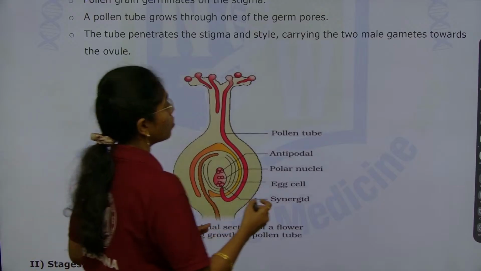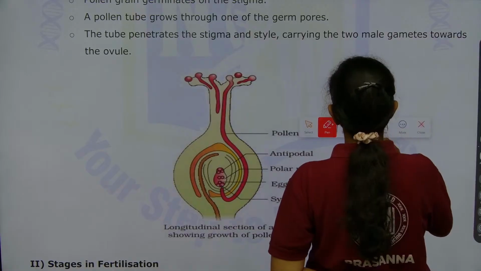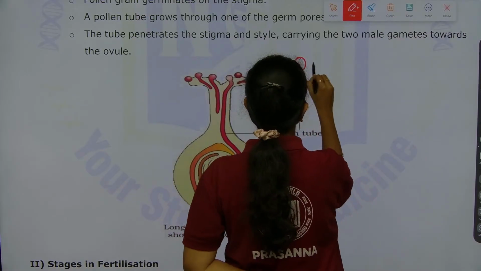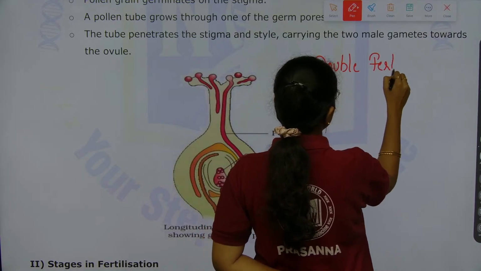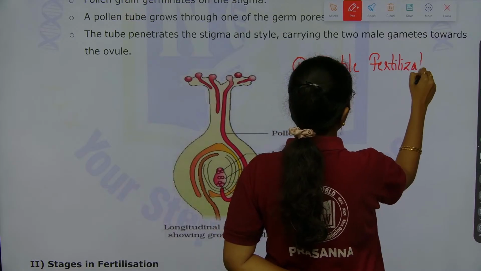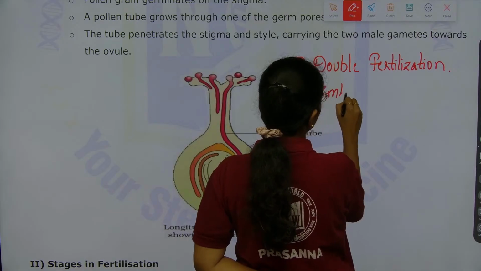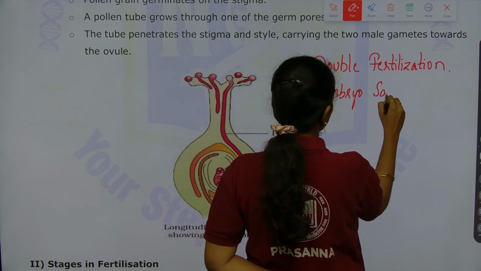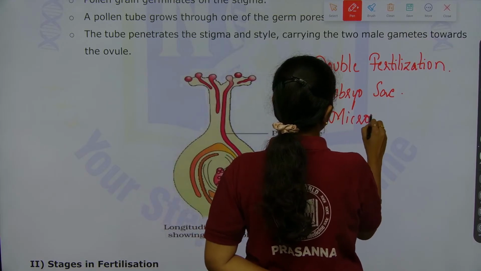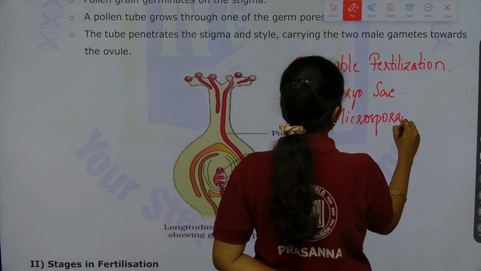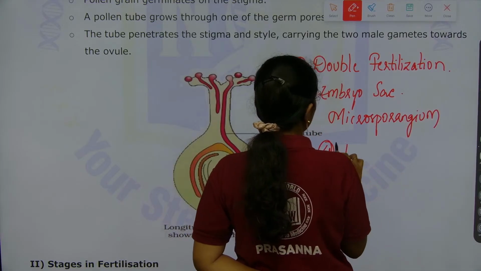Once again I am listing them out, just see. First is double fertilization, second question is about embryo sac, next structural description of microsporangium, and the fourth question will be about pollinating agents.